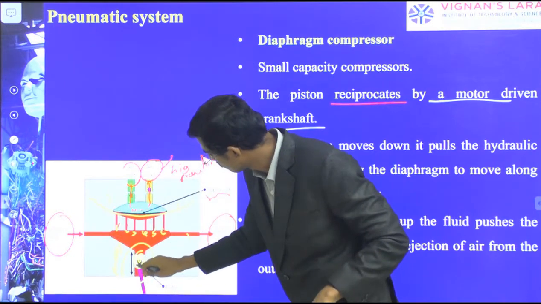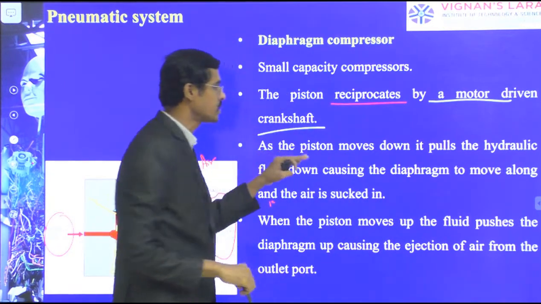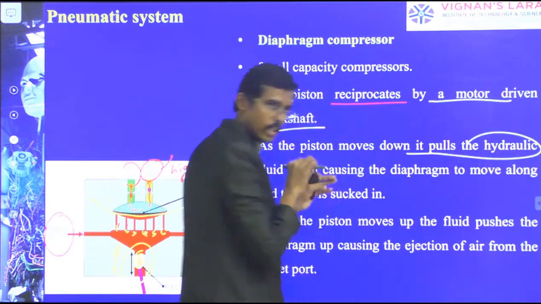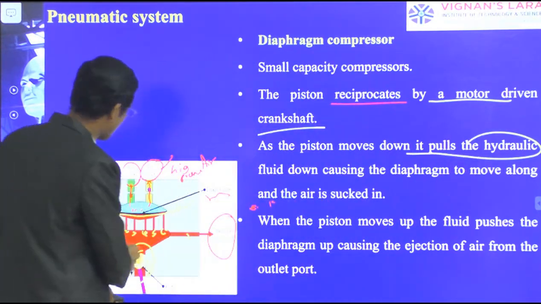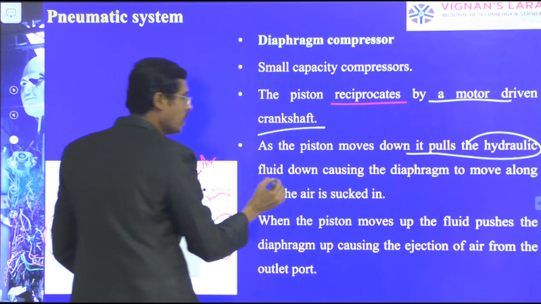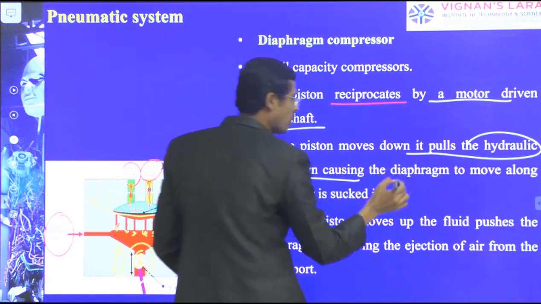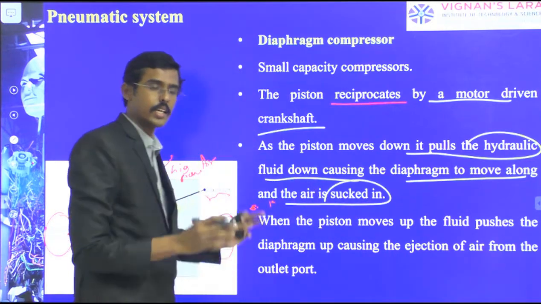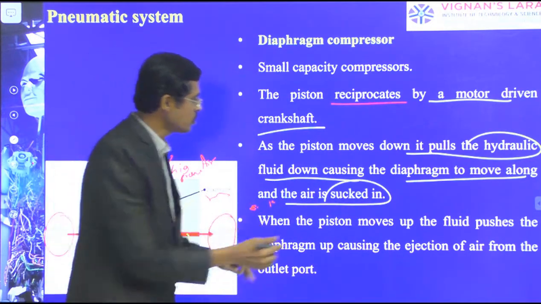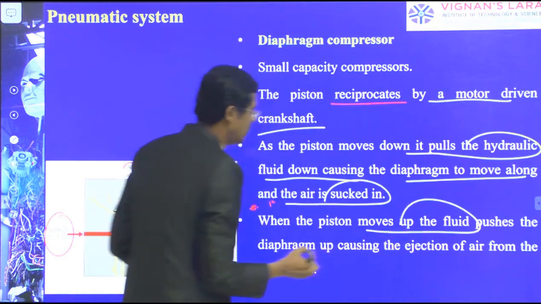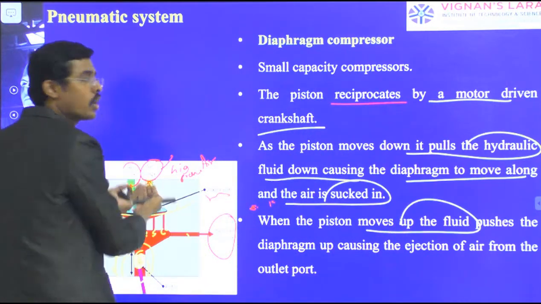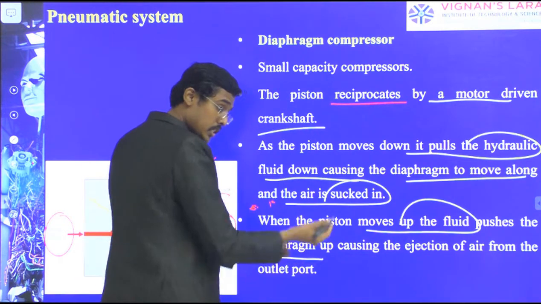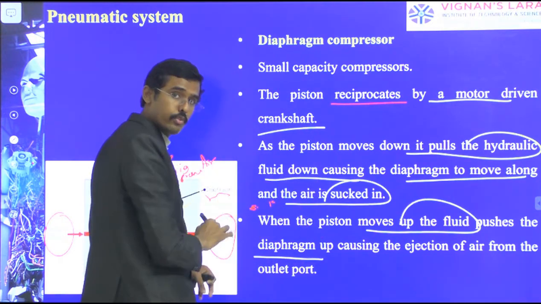As the piston moves downward, it pulls the hydraulic fluid into the cylinder, into these cavities, causing the diaphragm to move along and the air to be sucked in. When the piston moves upward, it pushes the diaphragm with the pressure of the fluid.